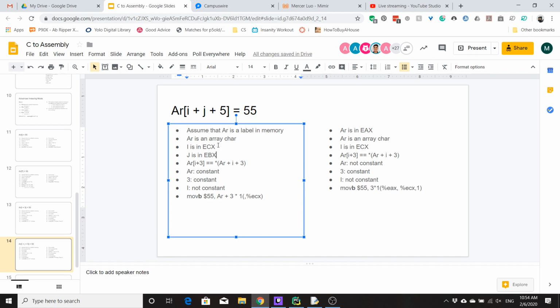Discuss with the people next to you what you think the equivalent assembly expression is going to be to do this. And we'll go back to an array of integers. Or maybe we'll do an array of floats. Integers.